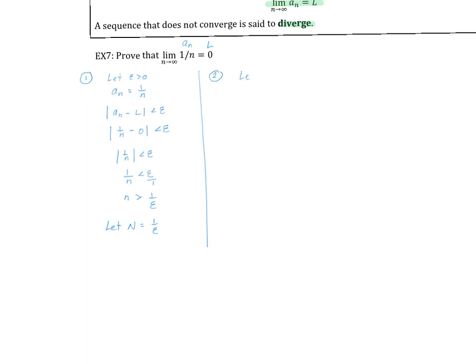Let's assume, suppose, let is the shortest word. So let's let epsilon be greater than 0. And I'm going to assume that my indices n are all greater than capital N, this capital N I found, where N is equal to 1 over epsilon.